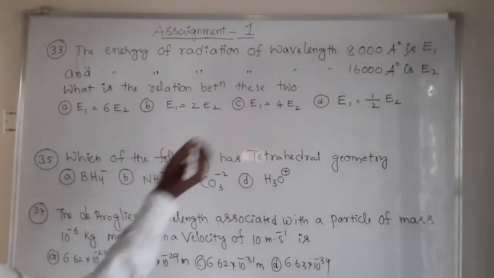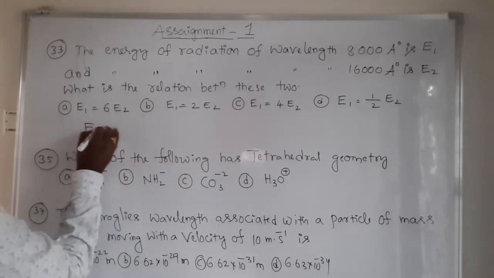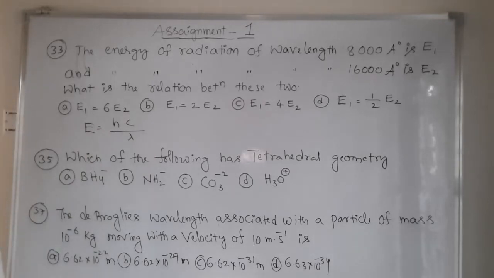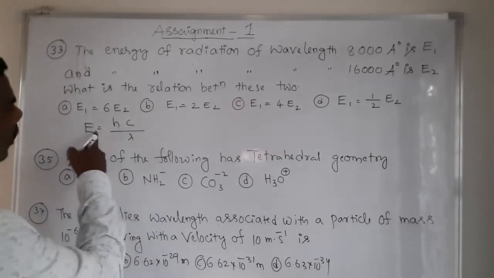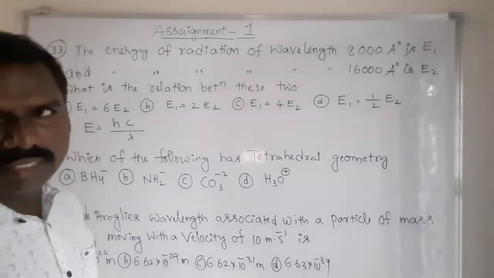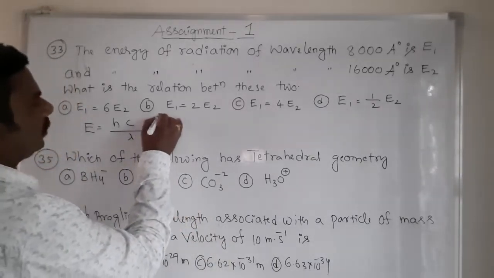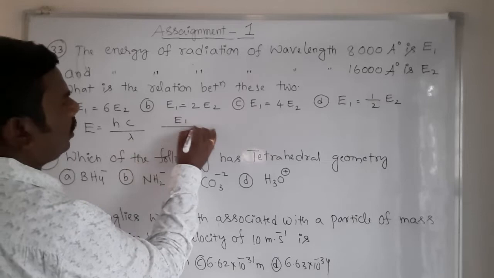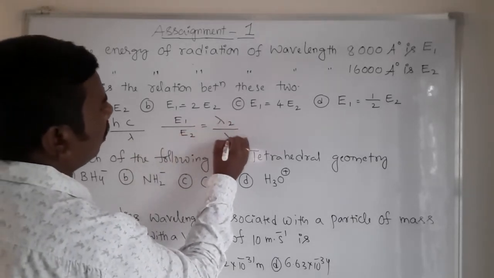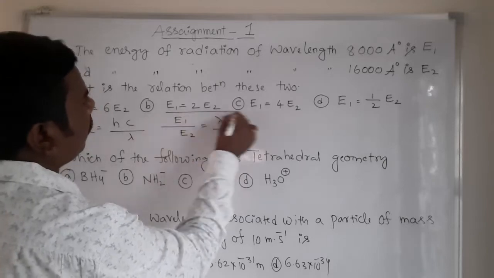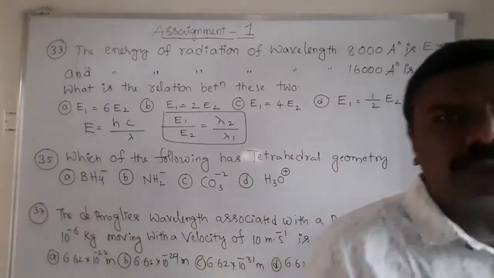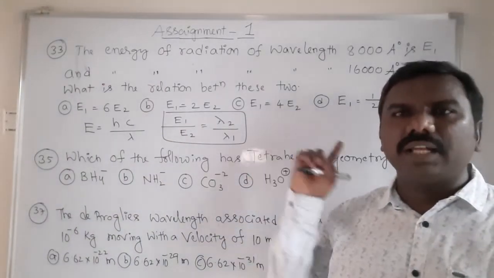So now, E is equal to hc by lambda. You know already, hc by lambda. From this, energy is inversely proportional to wavelength. So then, E1 by E2 is equal to lambda 2 by lambda 1. It means energy is inversely proportional to which one? Wavelength.